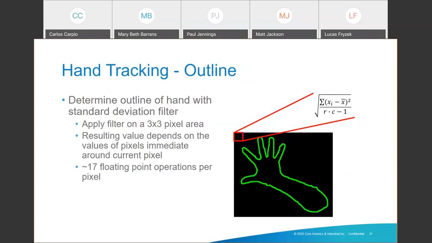One of the last big steps for the pre-processing is going to be determining the outline of the hand. And a very common approach to finding outlines in image data is to do something called a standard deviation filter. The idea is that we're going to take this equation that's represented on the screen right now and apply it against every pixel, which results in about 17 floating point operations per pixel.